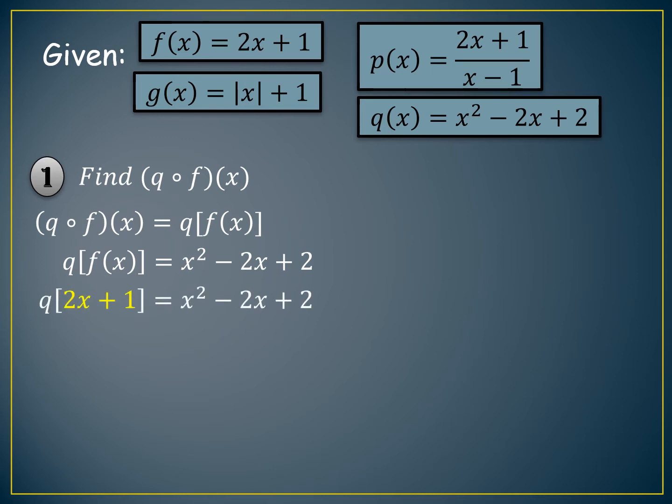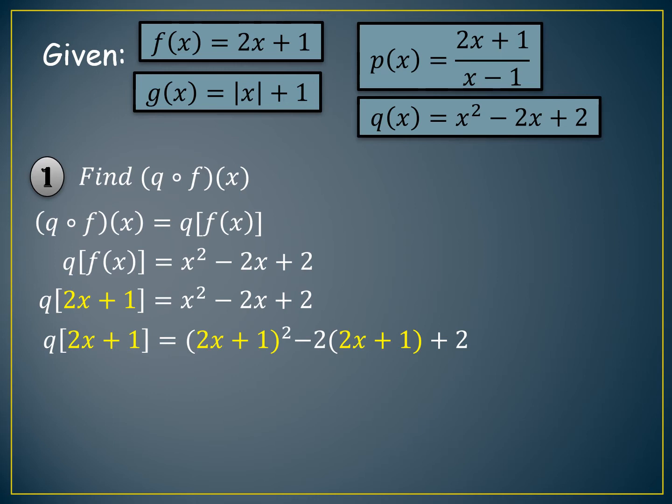Lahat ng x dito sa x squared minus 2x plus 2, i-change mo ngayon ng 2x plus 1. So, magiging 2x plus 1 squared minus 2 times 2x plus 1 plus 2 again. Change lang natin si x nung 2x plus 1.